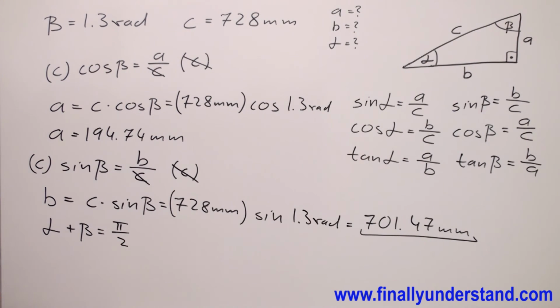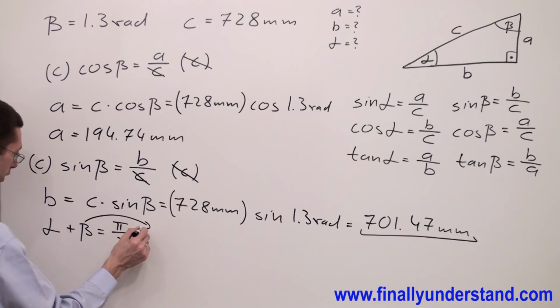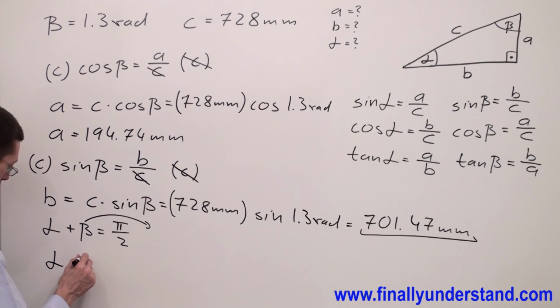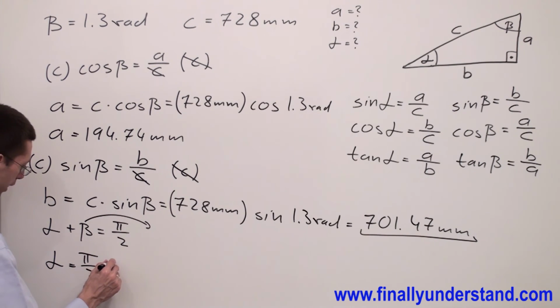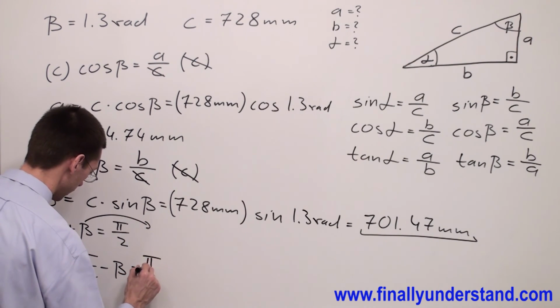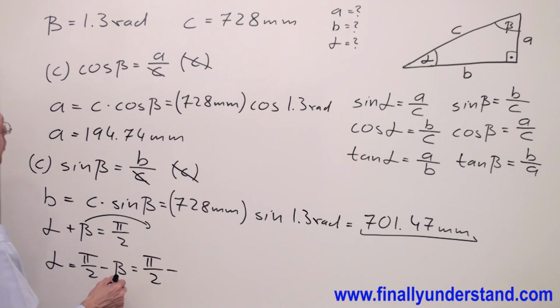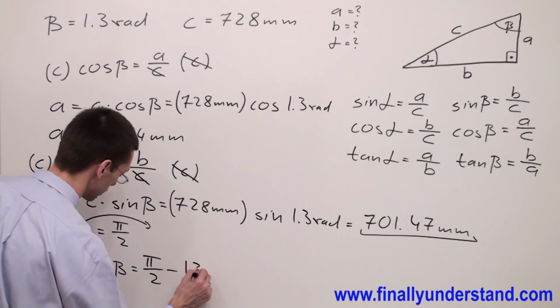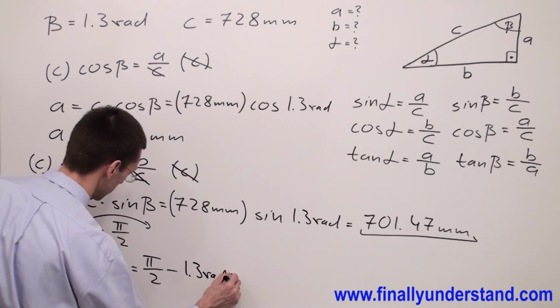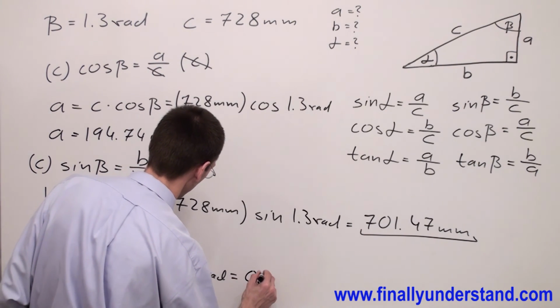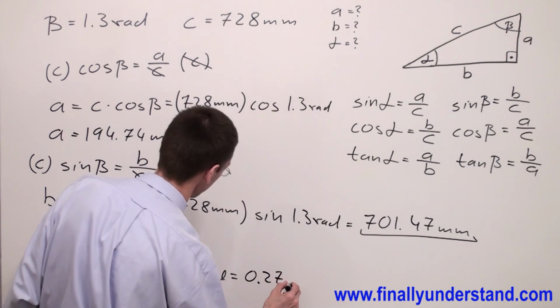In order to find angle alpha, I'm supposed to move angle beta to the right side of my formula, and I have alpha is equal pi over 2 minus beta, where beta is equal 1.3 radians, which is equal 0.27 radians.